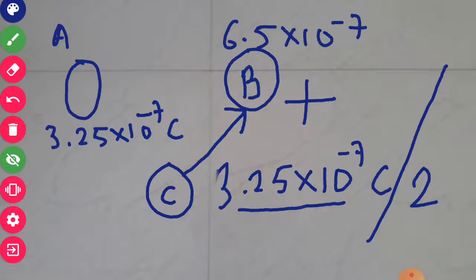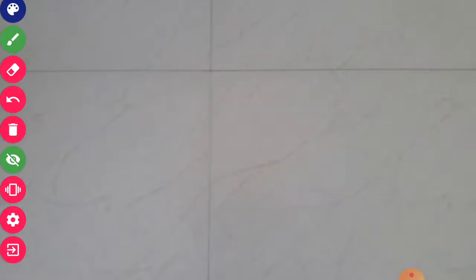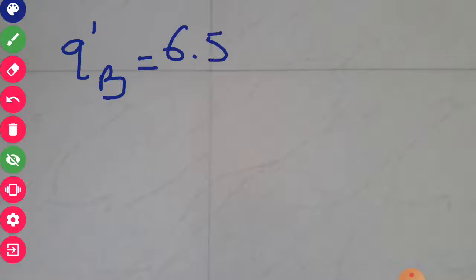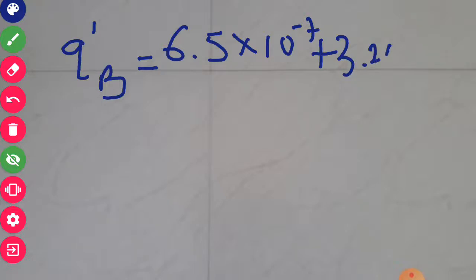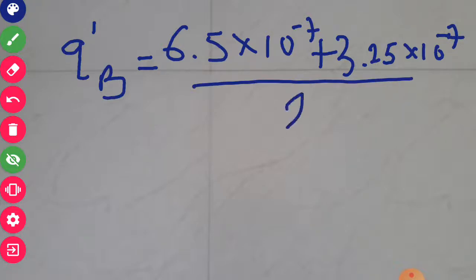So we can calculate it. The charge on B now after redistribution will be QB prime, and that is nothing but 6.5 into 10 raised to minus 7 plus 3.25 into 10 raised to minus 7, divided by 2.